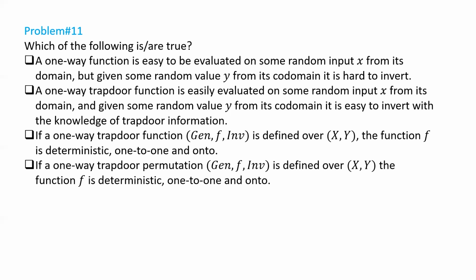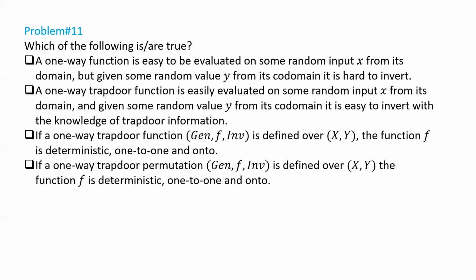So the concept of one-way function was discussed previously also. What are domain and codomain? Domain is the input space of the function, and codomain is the output space or range of the function. Now for a one-way function, as the name suggests, it is one way.